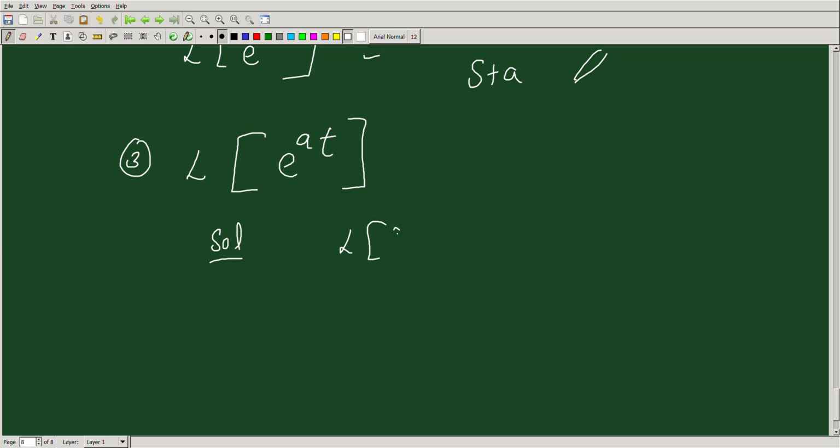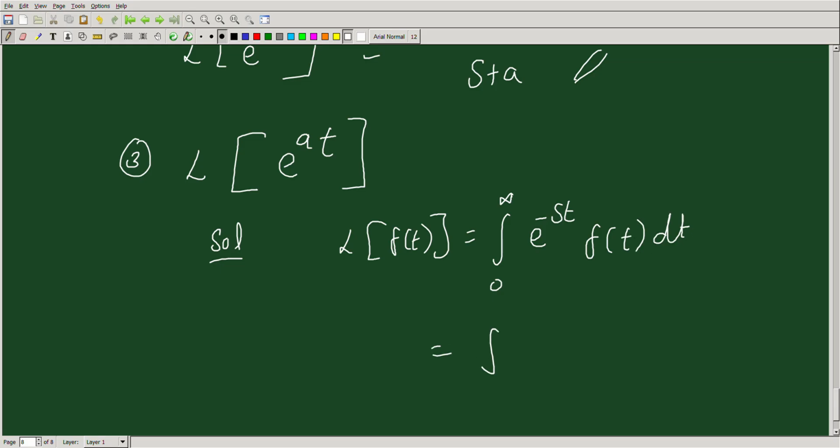The Laplace transform of f of t is equal to the integral 0 to infinity e power minus st f of t into dt, function into dt, integration with respect to t. 0 to infinity e power minus st, the given f of t is e power at.